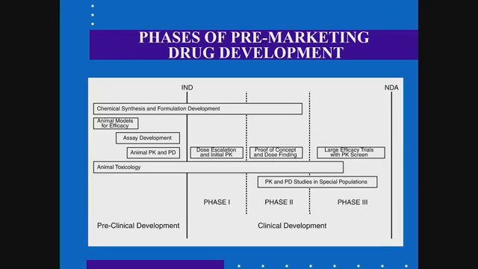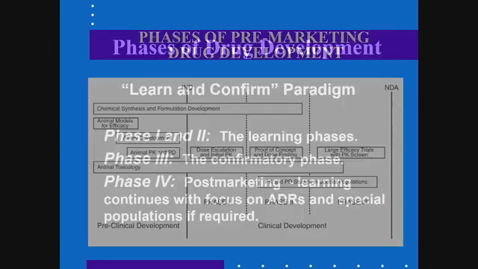And that then leads to the submission of a new drug application, or NDA, where the sponsor asks the regulatory agents to review this body of evidence and request approval for marketing the drug and to begin using the drug in clinical practice.